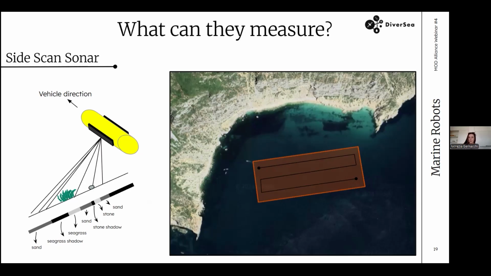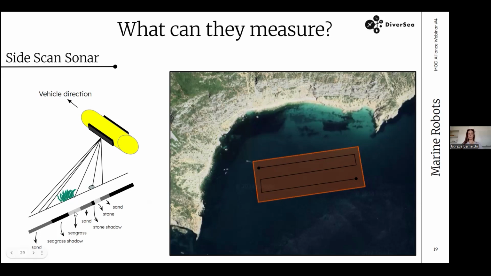The side scan sonar is transmitting waves, and then the waves reflect off the bottom and come back to the side scan sonar. So the side scan sonar, thanks to the energy of the reflected echo and the time of flight of the waves, is able to translate these two pieces of information into color information, because different materials can reflect the waves in a different way. So, for example, in this image we see black where there is no echo, or gray where there is sand.